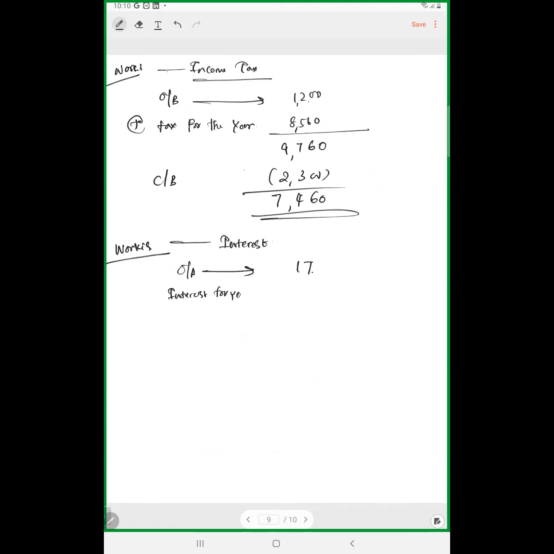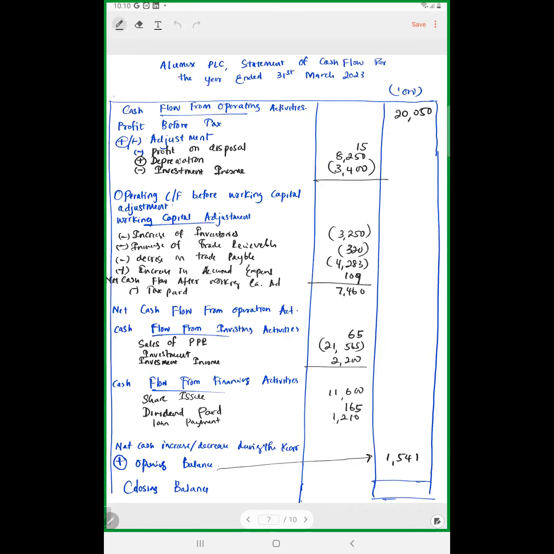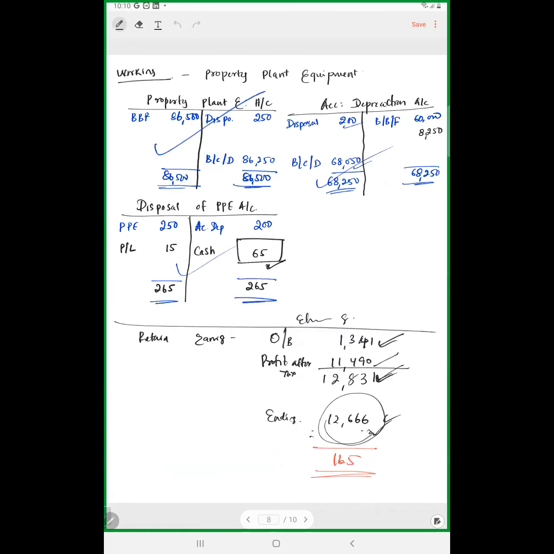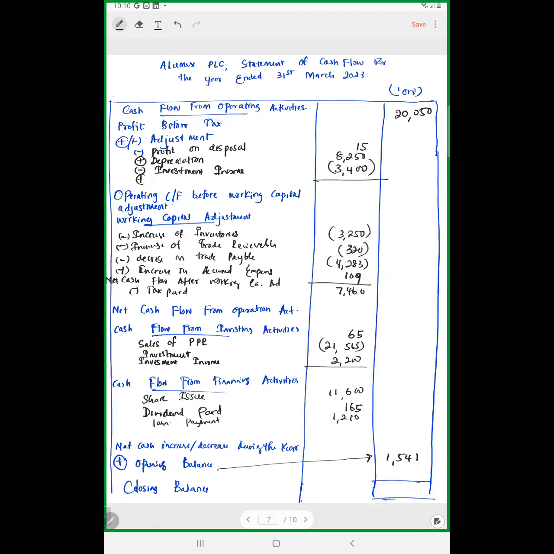Interest per year 1265. Actually, we have considered this amount when we take the net profit before tax. So again we have revised. We have to add here interest on bank loan.